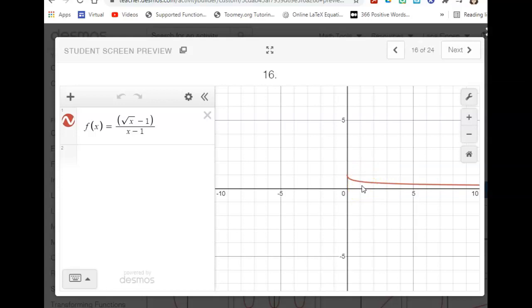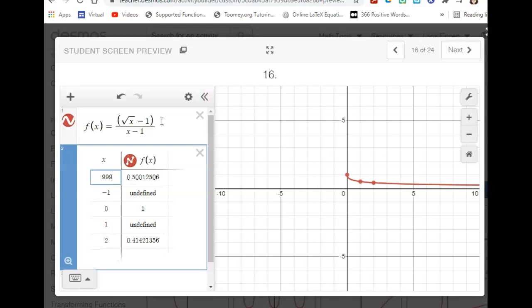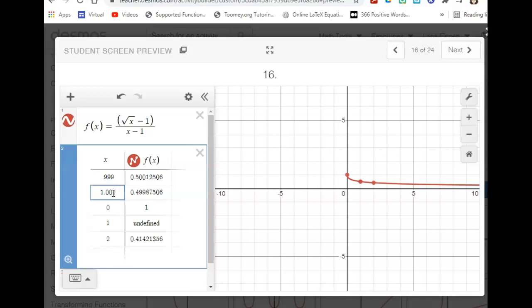I could trace, or we'll just do a table again for kicks. I want to know as it approaches 1, so I would use 0.999 and 1.001, because when it's at 1, it's undefined, but I can see on either side of 1, I have to be approaching 0.5.